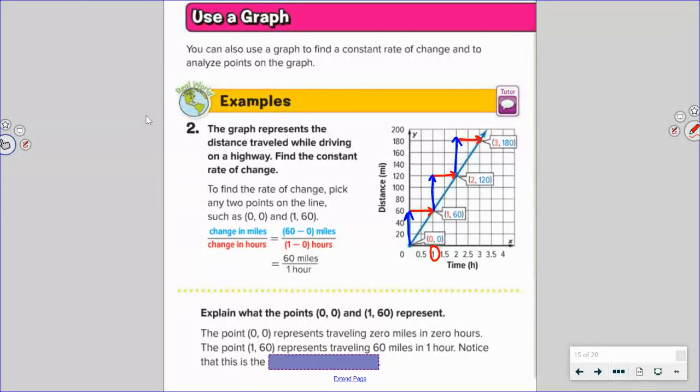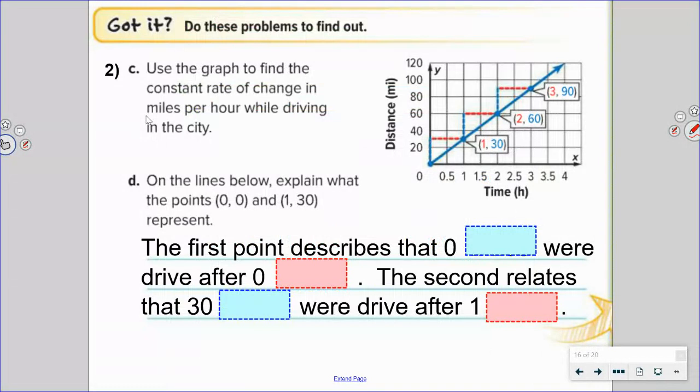And that would be our unit rate. Therefore, if I look at the points, the point 0, 0 is going to represent 0 hours and 0 miles. The point 1, 60 is going to represent 1 hour, 60 miles traveled. Notice that that is the unit rate.